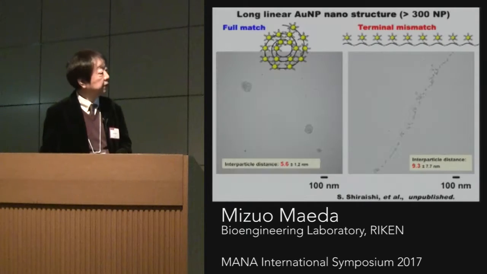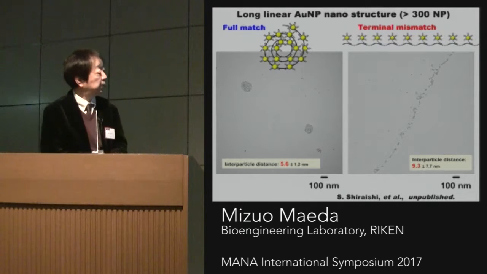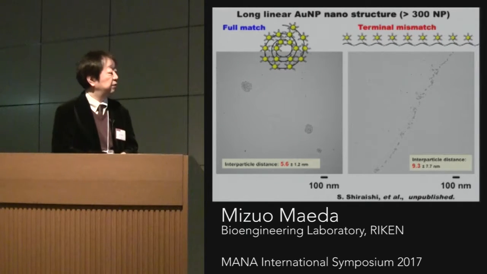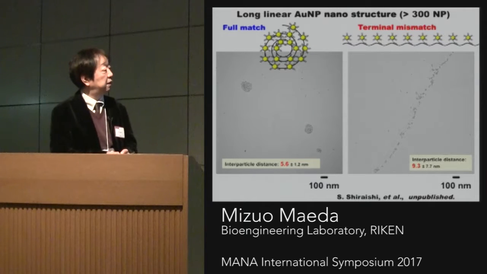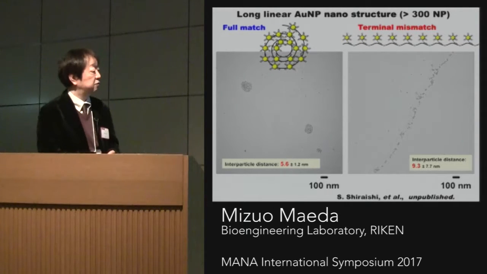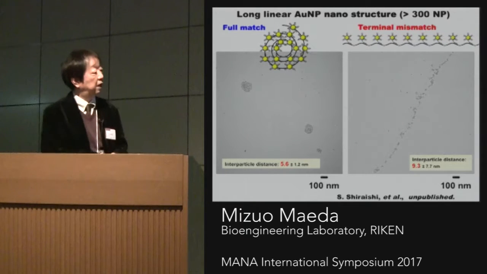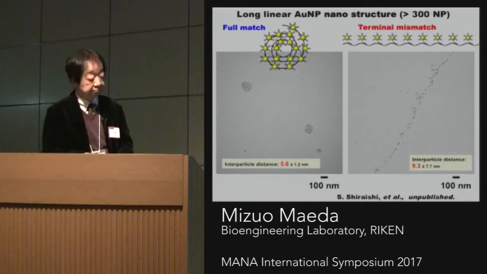And the result is shown here. When you add full match DNA, then you can see this type of island structure. And the interparticle distance was about 5 nanometers. And if you add terminally mismatched DNA, you can see this type of elongated structure, and the interparticle distance was longer, like 9 nanometers.